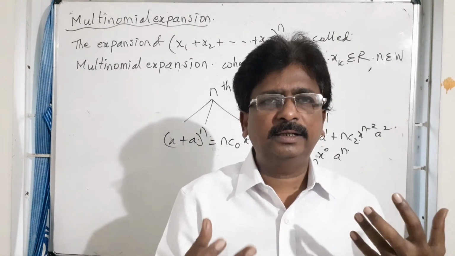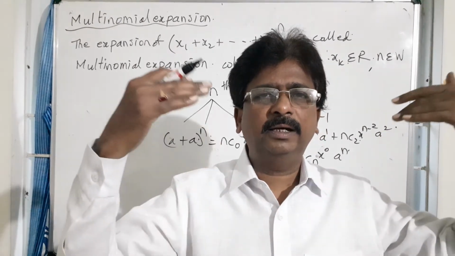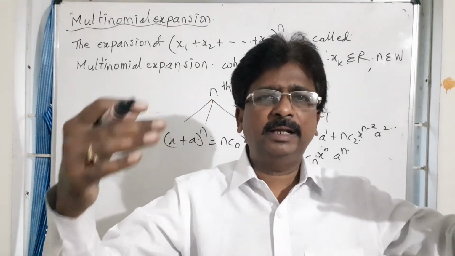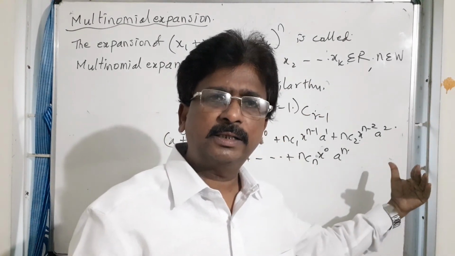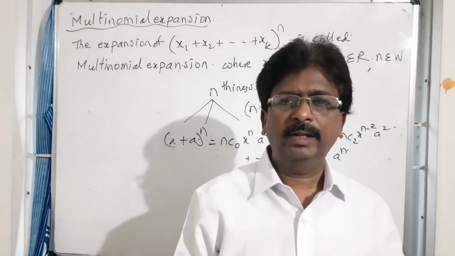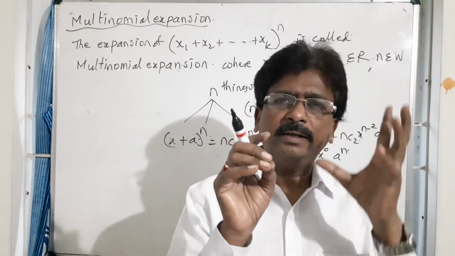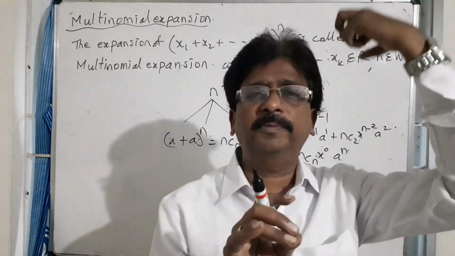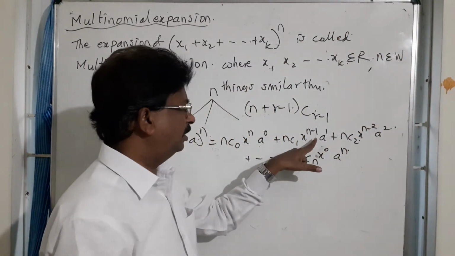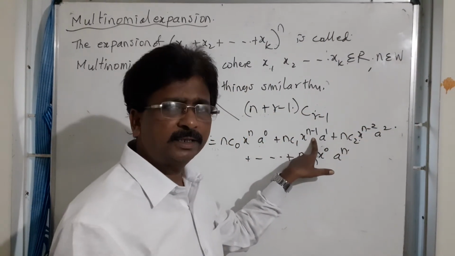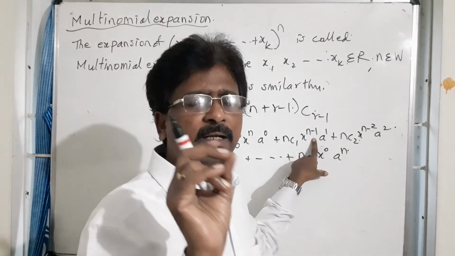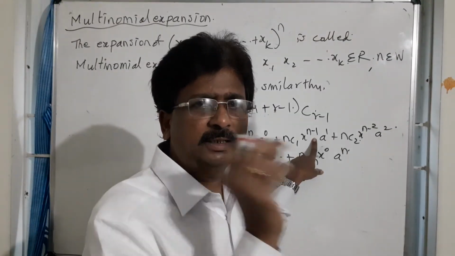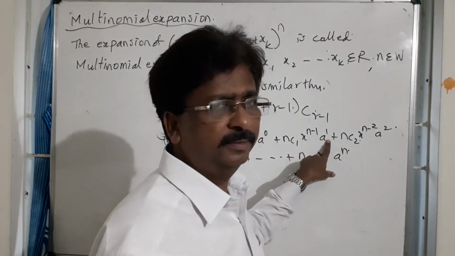So you think that we are giving n similar things to the two persons x and a. Given things, where the given number of things are indicated as the exponent. Here, for example, the exponent of x is n minus 1. That means we have given n minus 1 things to x and one thing to a.